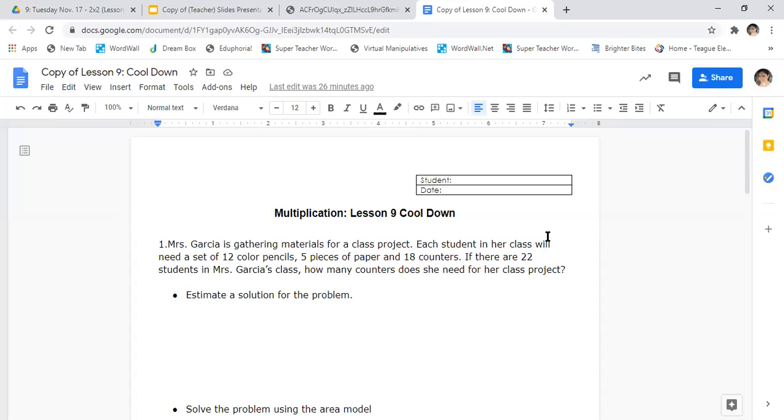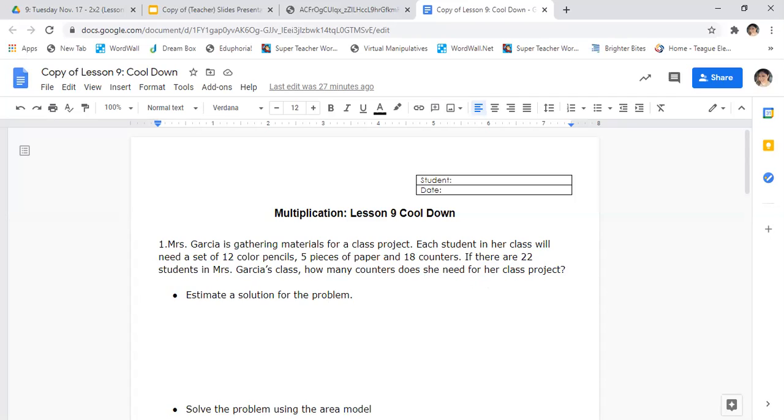So here you have the cool down that you're going to do today. The first one is right here, and you have lots of information, but make sure that you read the question carefully, because it's going to ask how many counters does she need for her class project. You're looking for the total number of counters, and counters could be those little circles that are red on one side, yellow on the other.